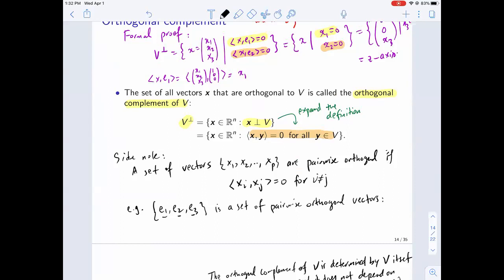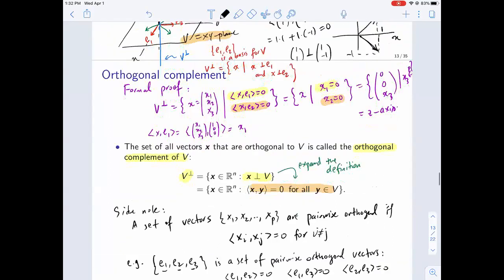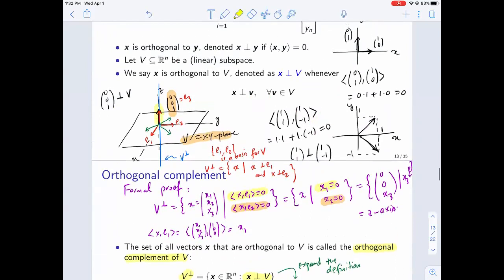Because the inner product of E1 and E2 is 0, the inner product of E1 and E3 is 0, and the inner product of E2 and E3 is 0. You can see it from here. This one is orthogonal to this, this one is orthogonal to this, and these two are orthogonal. If you take any pair, you get an orthogonal pair. Okay? Sounds good. Other questions?